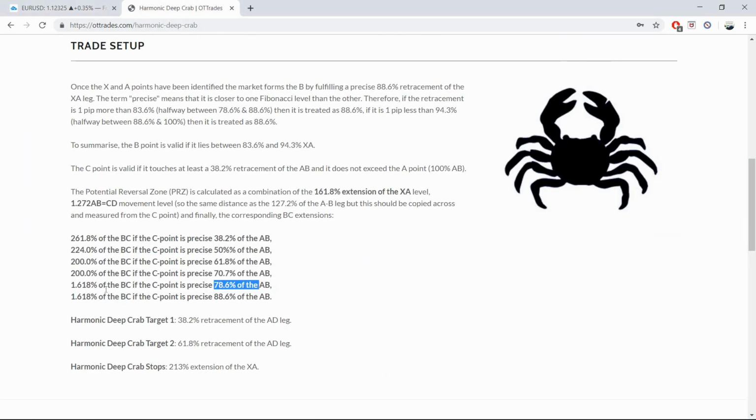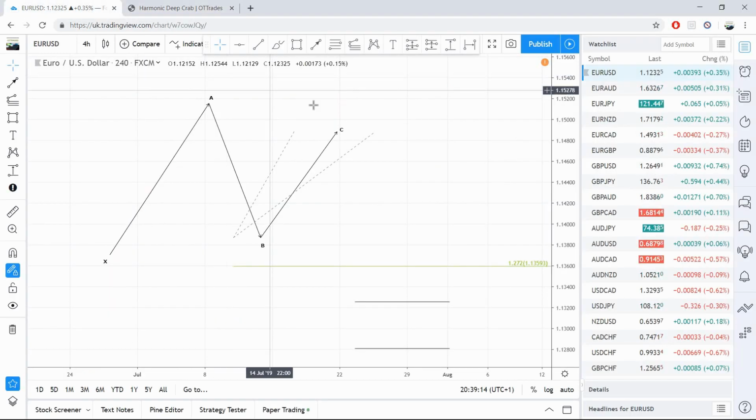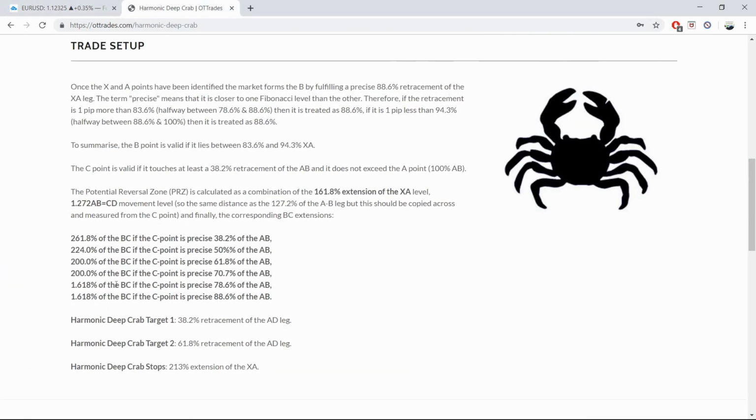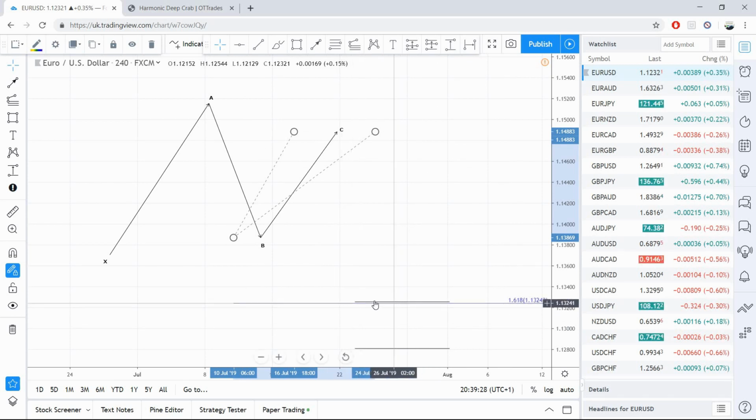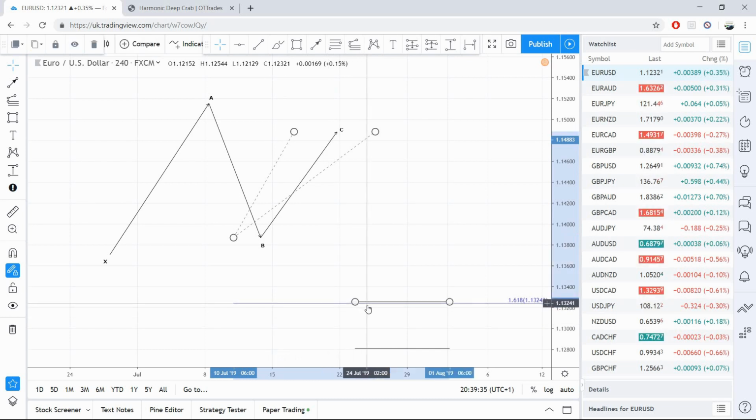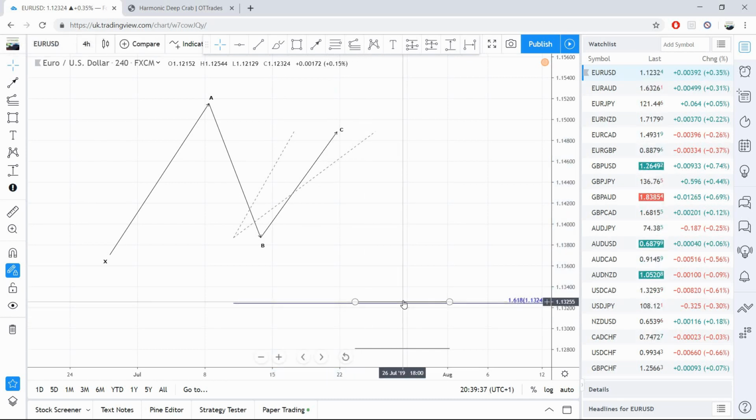So precise 786, we're looking at the 1618 of the B to C, 1618 extension of the B to C if the C point is a precise 786, which ours is. So let's get the 1618 back on. You can see that forms very close to our 1272 AB equals CD move. I'm just going to copy this down.